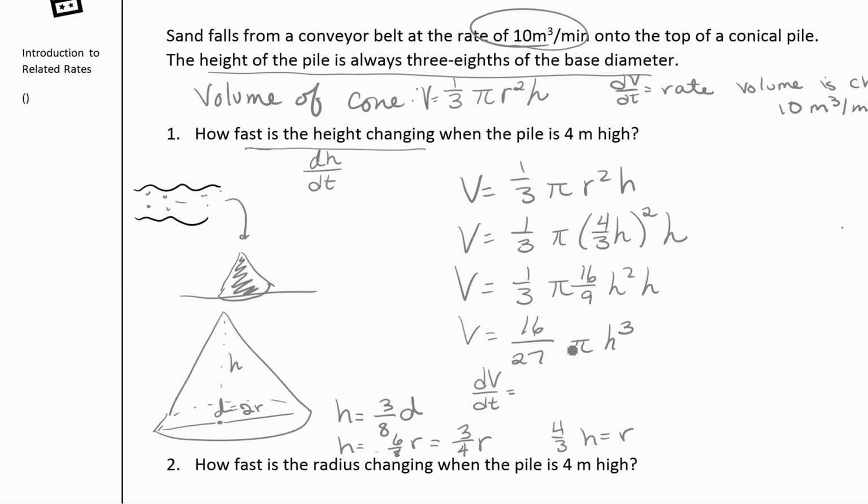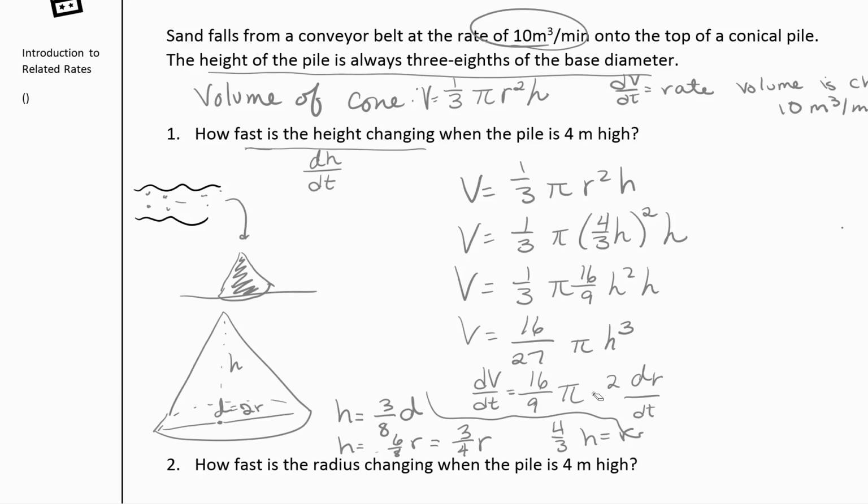So if we take the derivative of both sides, we'd have dV dt equals 16/27 times 3, and we reduce that, we get 16/9 pi h squared dH dt.